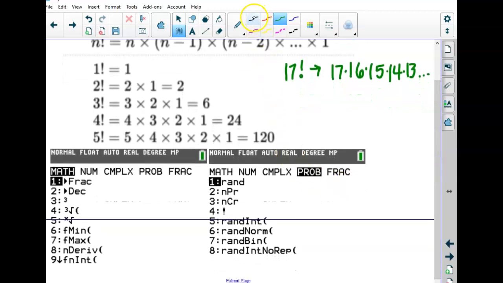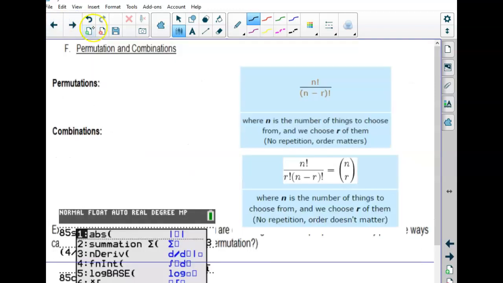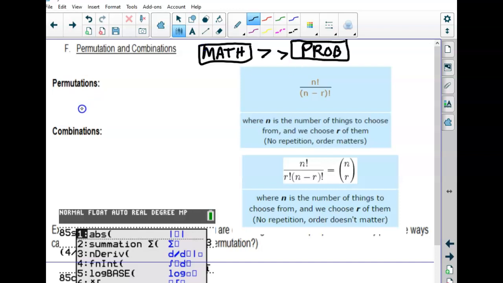We are actually going to use these buttons in that probability menu. If you want to write yourself a note next to this section, it is math, and then go over a couple times till you get to the probability menu. That's where we're going to find the permutation button, which looks like this, and you're going to put numbers in both of those places.